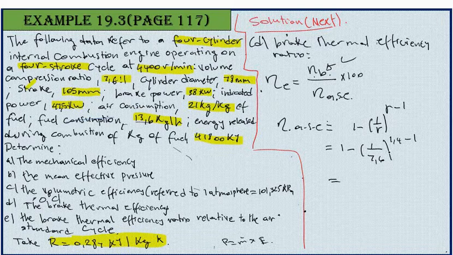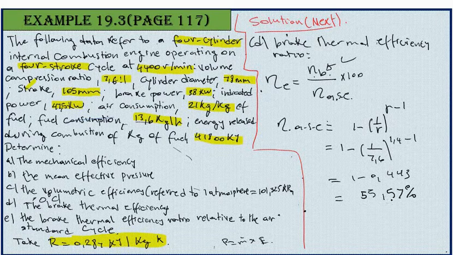Now if I work this out using the calculator, I will have 1 minus 0.443, which is equal to 55.57% when expressed as a percentage. So now I have determined this value here.